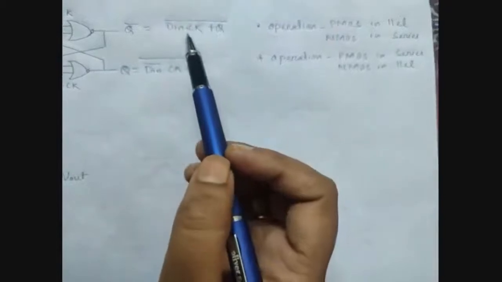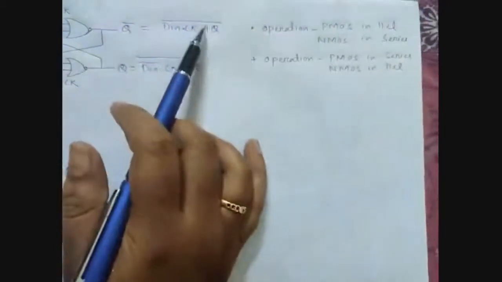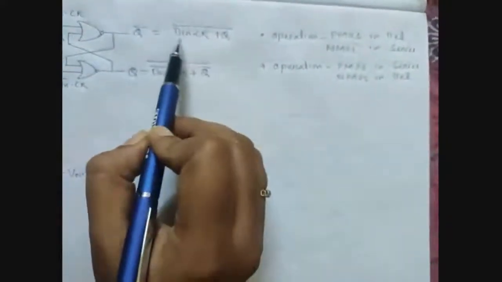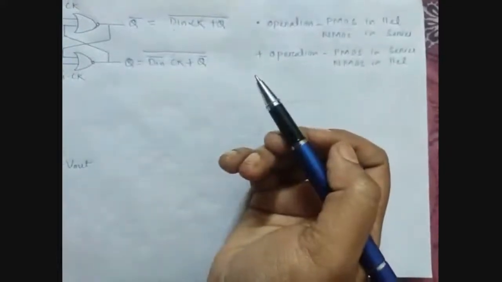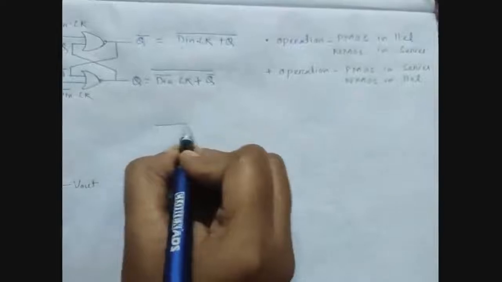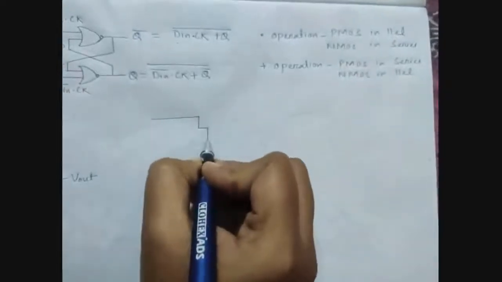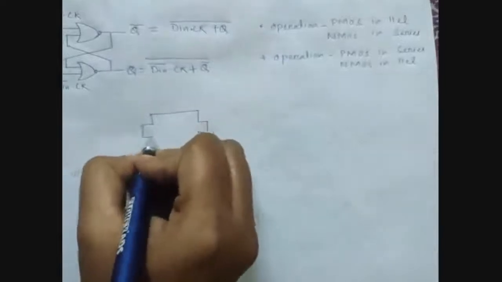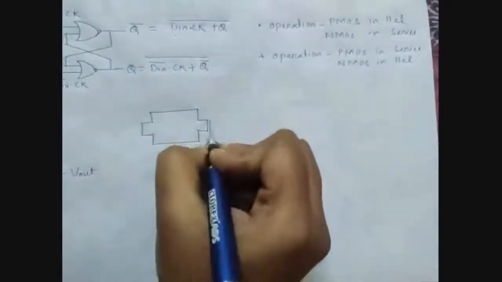So first we draw this one. The terms present here are D in into CK and Q. For PMOS, dot operation means PMOS are connected in parallel. So first we draw PMOS for the term D in into CK, and they are connected in parallel.